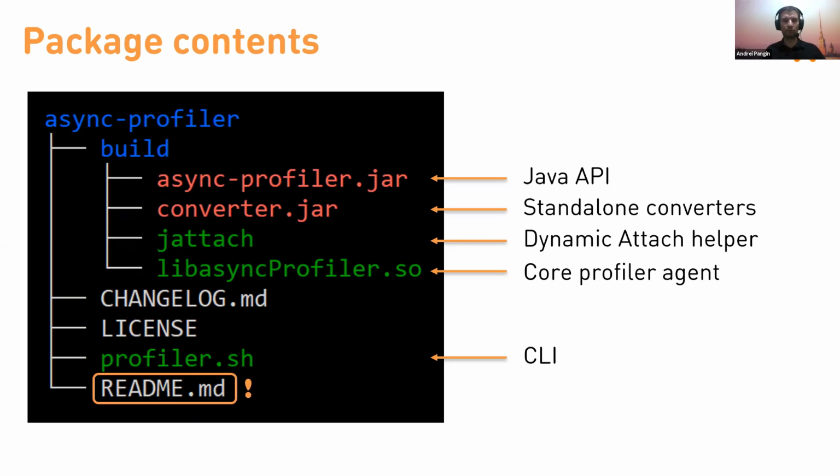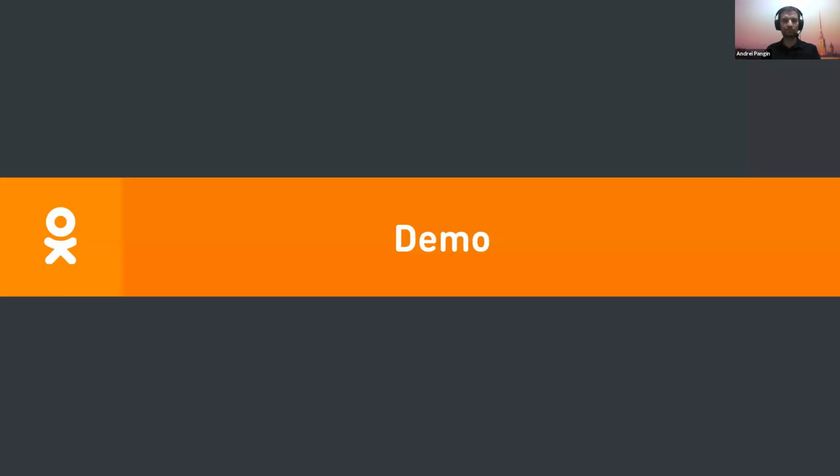And the most important part: everyone forgets about this one, but the important section there is troubleshooting. If you hit some problems running Async-profiler, check whether it is listed in the README or not. If not, just go to GitHub and post a GitHub issue.